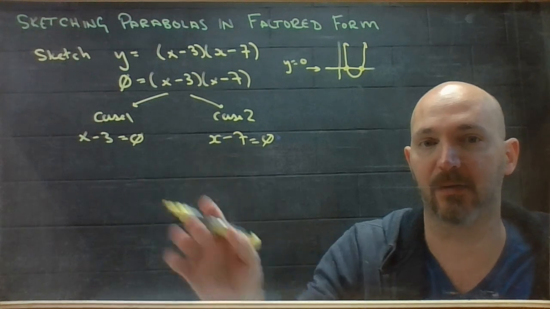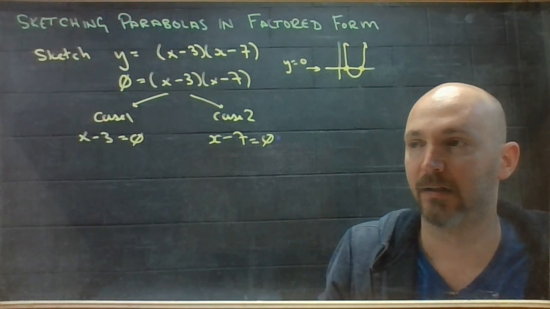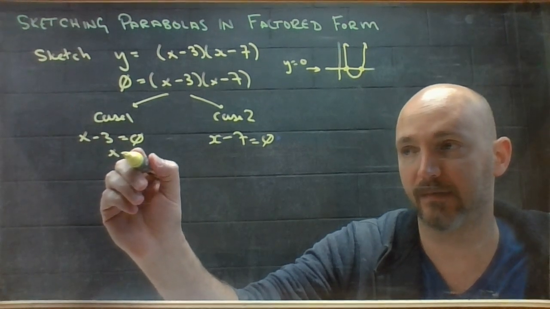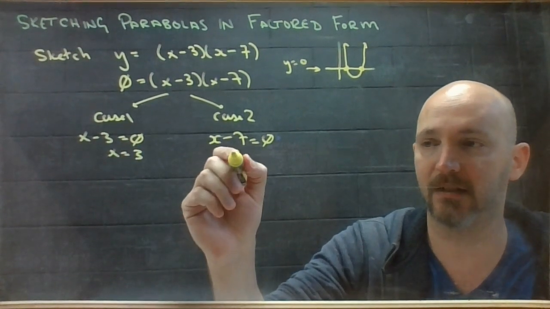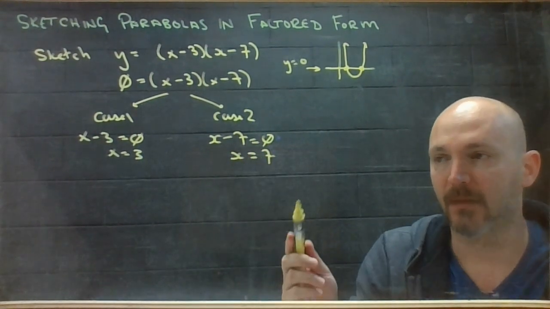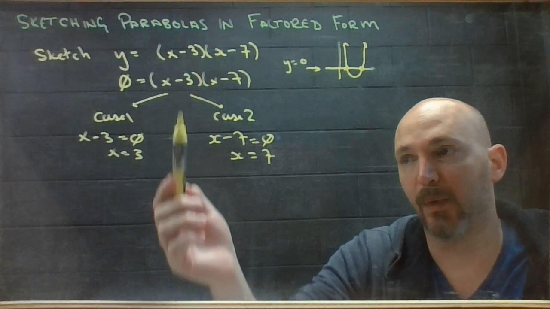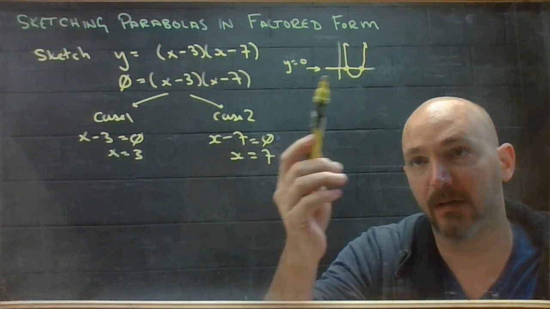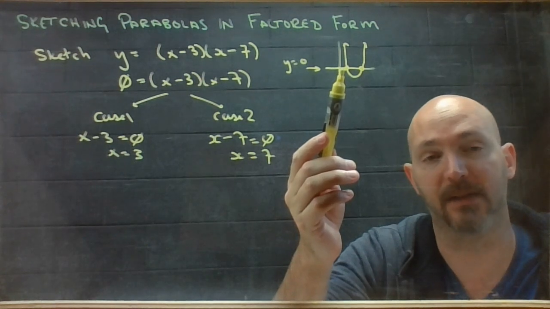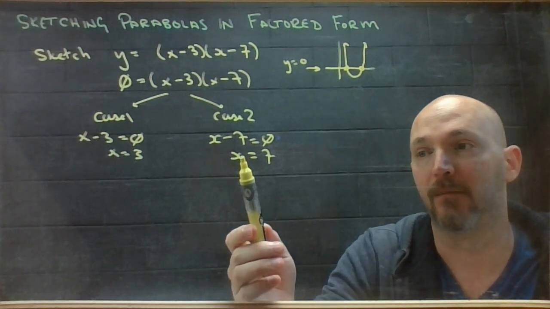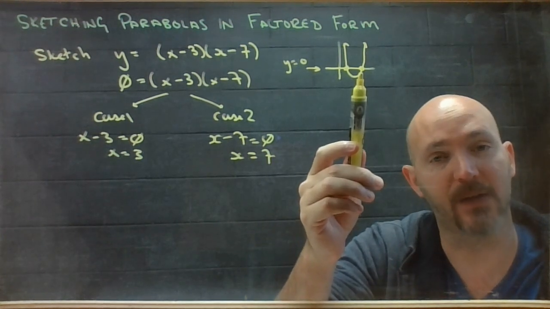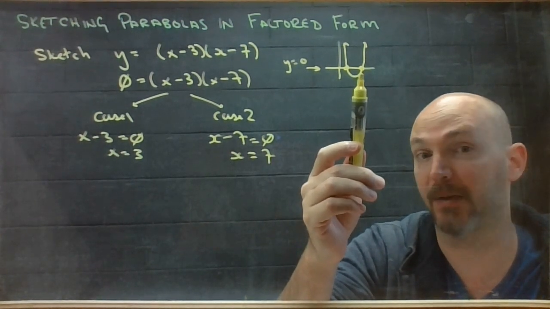Either way, this will work. So if I finish this case, I just have to add 3 to the other side. I get x equals 3, and here I have x equals 7. So when x is 3, the y value is 0, which means I'm sitting right on an x-intercept. When the x value is 7, the y value is also 0, so I'm sitting at the other x-intercept.